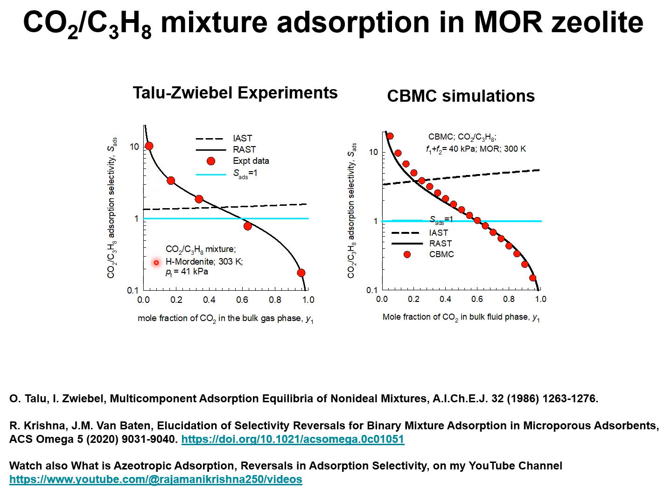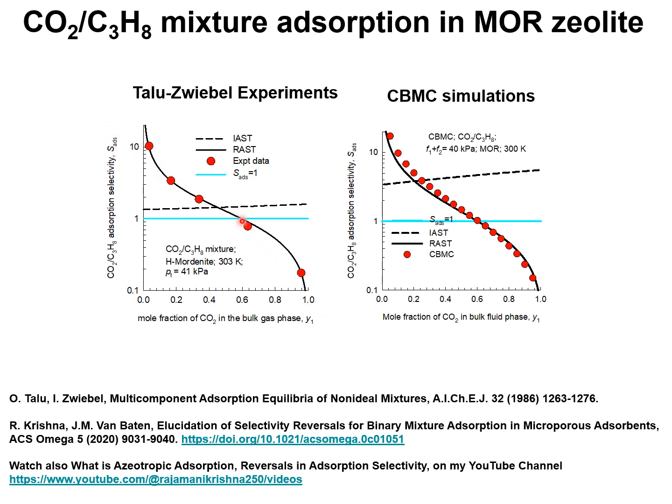However, as the mole fraction of CO2 in the bulk gas phase mixture increases, the selectivity reverses in favor of propane. And the experimental data here, plotted as the red circles, show selectivity reversal.